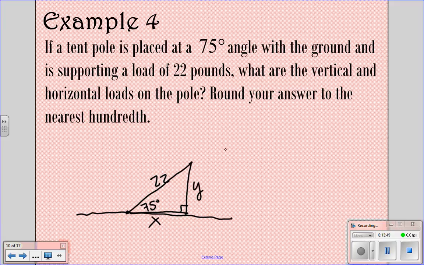So the way that you're going to do that, you're going to use your sine and cosine. And so your x value is going to be 22 cosine of 75. And so that would be 5.69. I think, let me make sure.